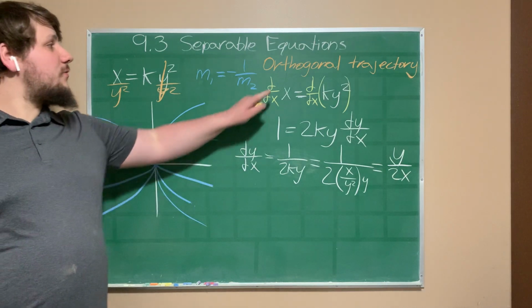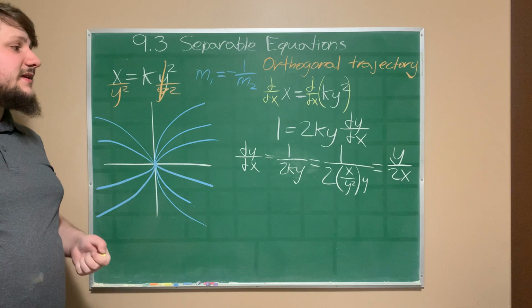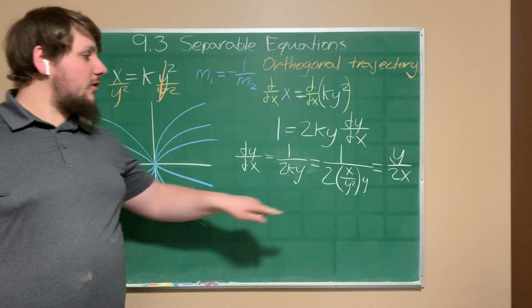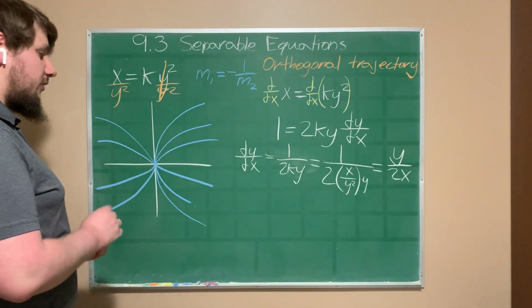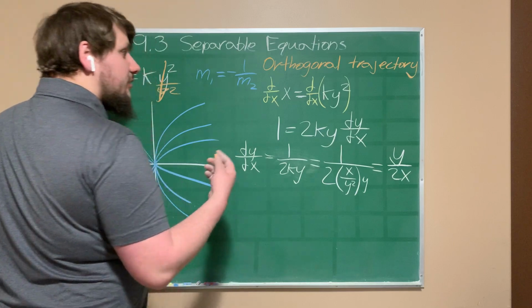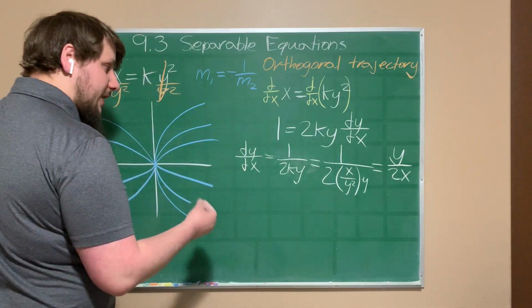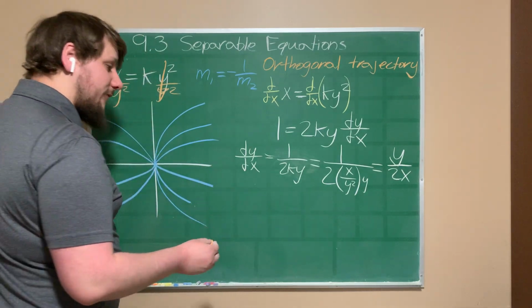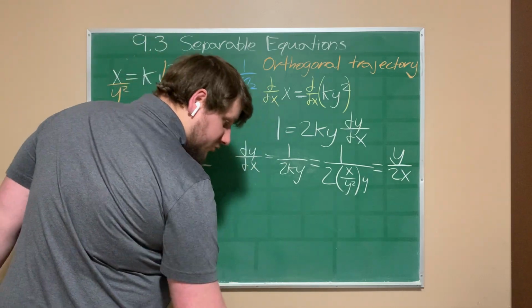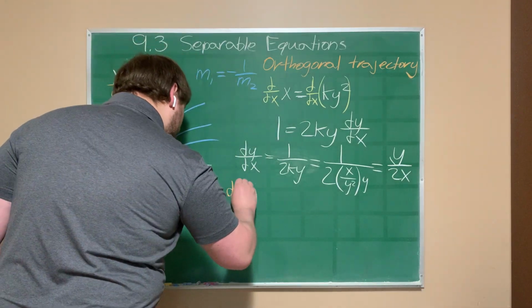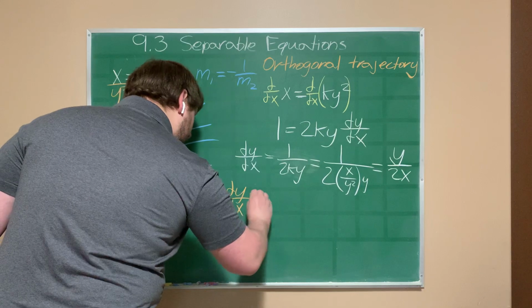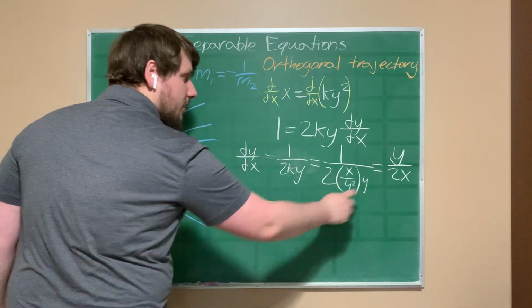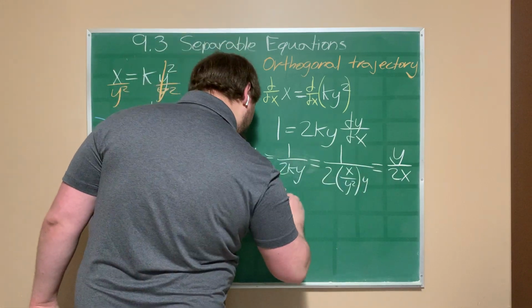In order to find the slope of the orthogonal trajectory, I'm going to take the negative reciprocal of that result there. So the negative reciprocal, the slope of the orthogonal trajectory, I'm going to do this in orange now to make sure that it's different. For the orthogonal trajectory, we're going to have the equation dy/dx equals negative 2x divided by y.